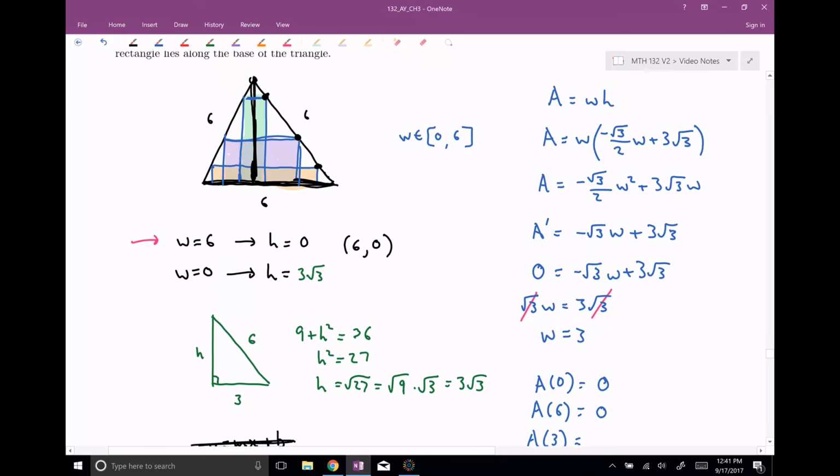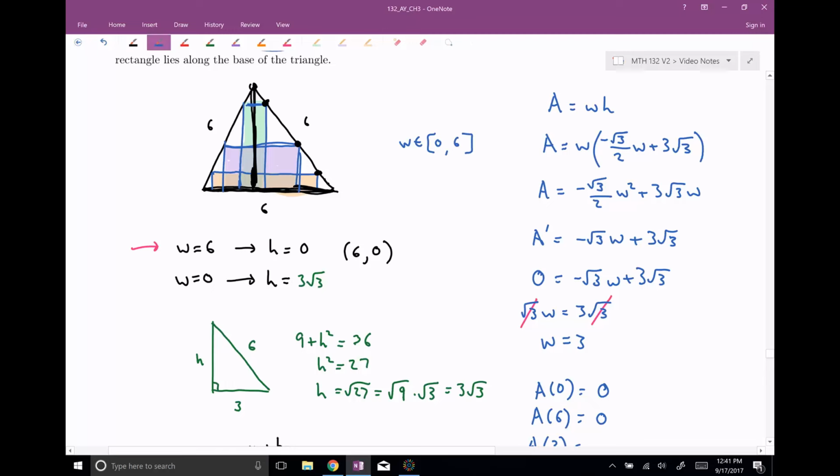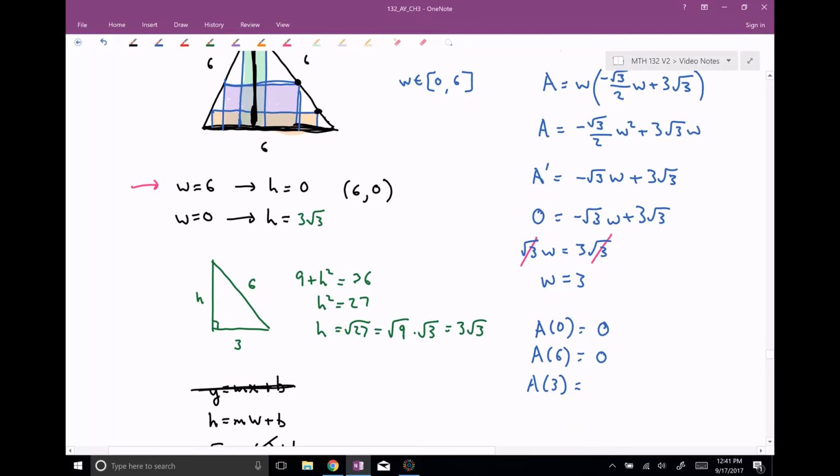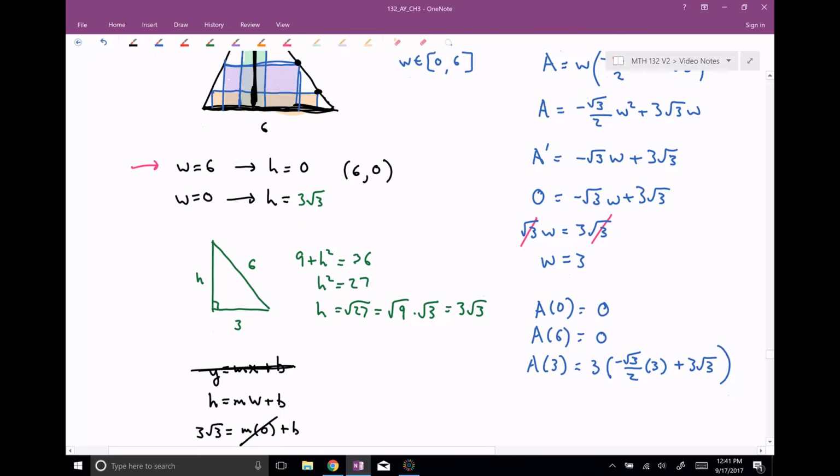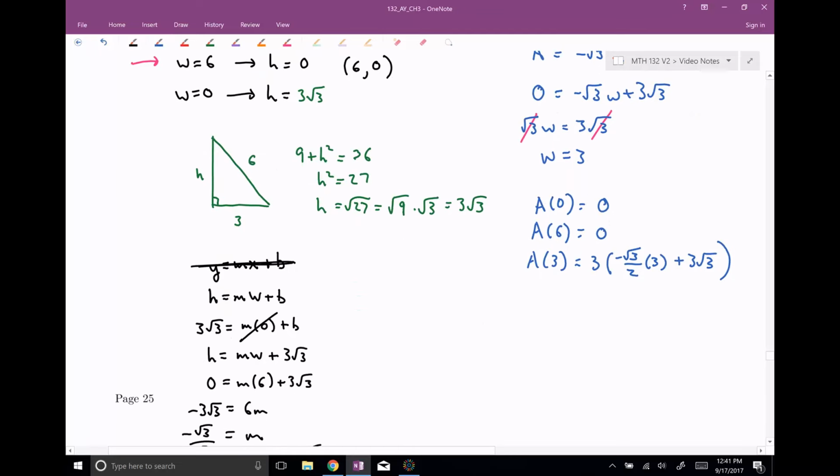So if I plug in 3, now everywhere I see a w, I'm going to have 3 times negative root 3 over 2 times, again, I'm plugging in 3 everywhere I see a w, plus 3 root 3. All right, so maybe let's go ahead and factor some stuff out. I noticed that all of these terms have a 3 and a root 3, so let's factor those out.